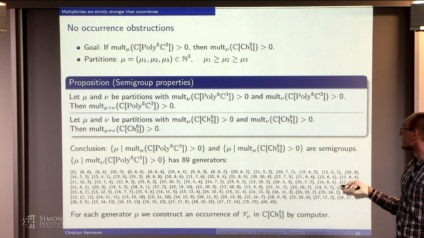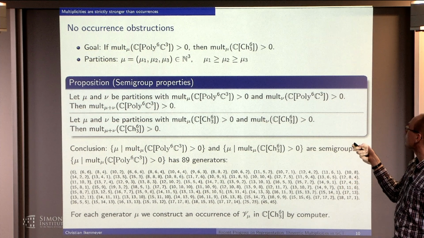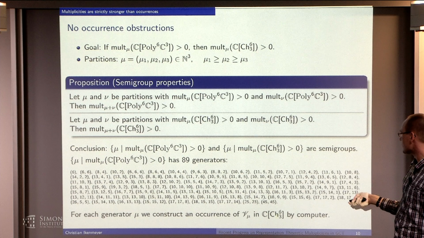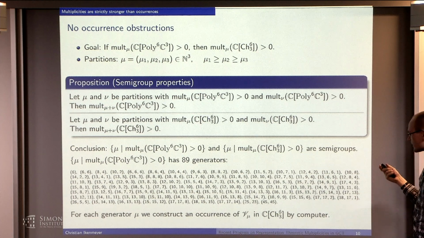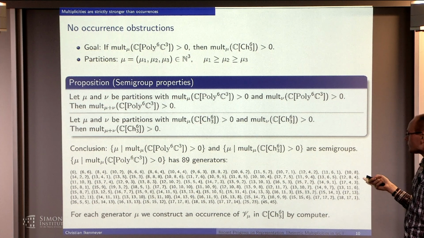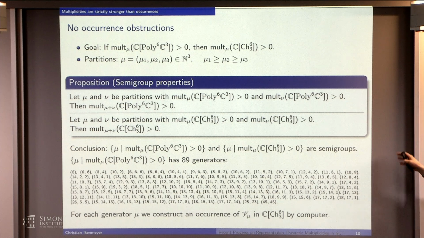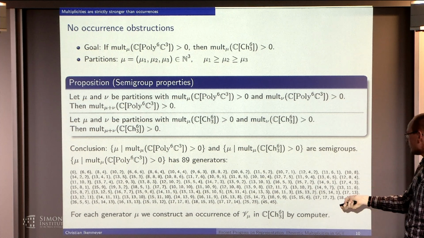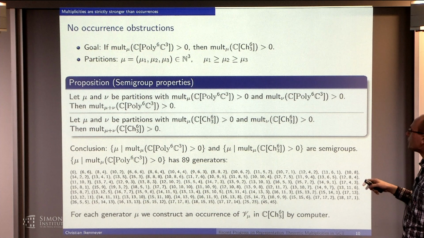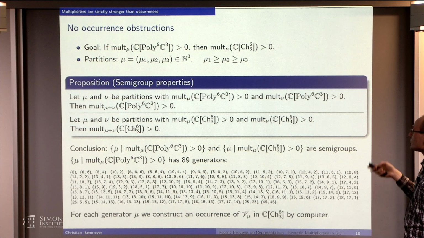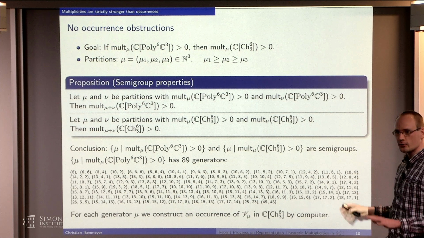And then for each generator, we actually showed that it occurs. So an irreducible actually occurs in this coordinate ring. We did this with a significant computer calculation. So we actually had to redo, basically, this is a new algorithmic approach to these occurrences here. But anyway, this is not so important. But yeah, it shows this result, okay? It shows that there are no occurrence obstructions here.